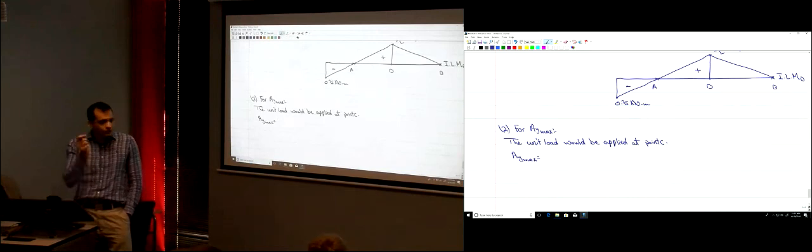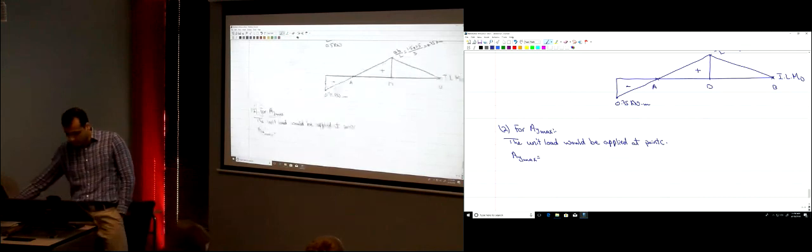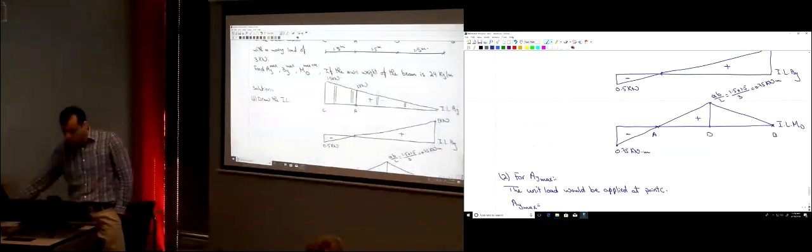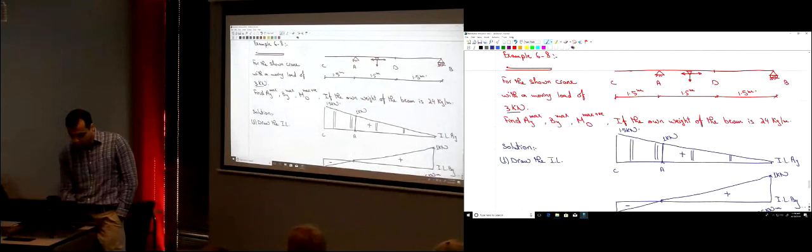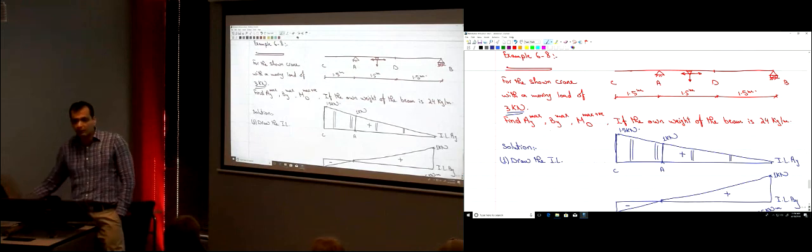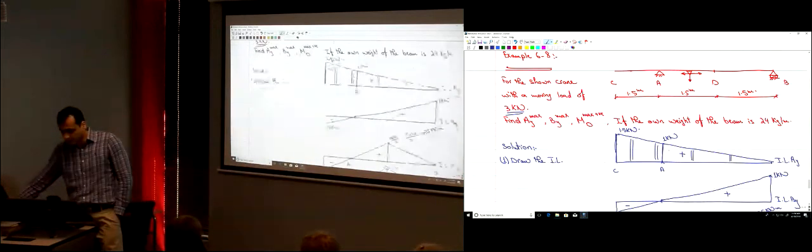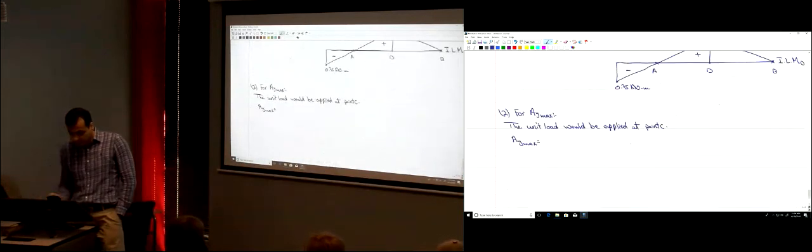You have a concentrated force, right? If you have a concentrated force, and you use the influence line to find the magnitude of any function, just multiply the magnitude of the force, which is 3 kilonewtons, by the height of the influence line at the point where the load is applied. I want to apply it at point C. The height at point C is 1.5.